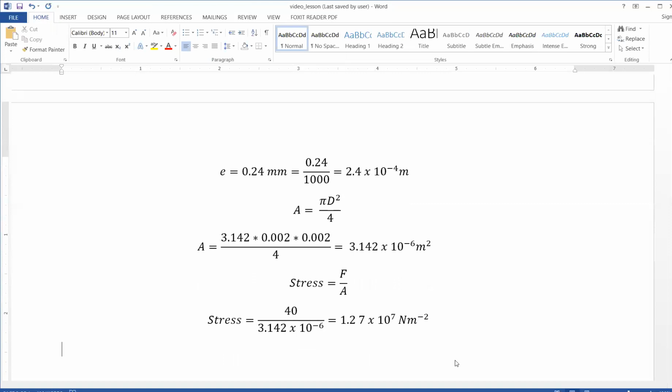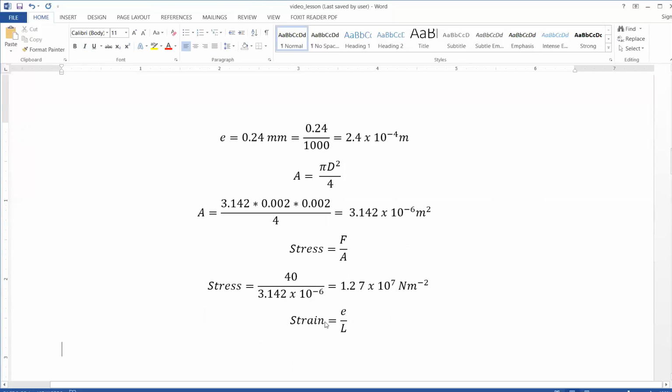Now the next is to calculate the strain. I just copy this down to establish the formula for strain. So strain is defined as extension over natural length. The extension of the material divided by the natural length.